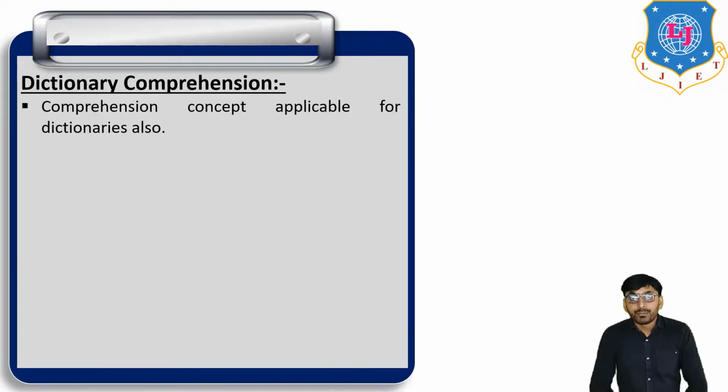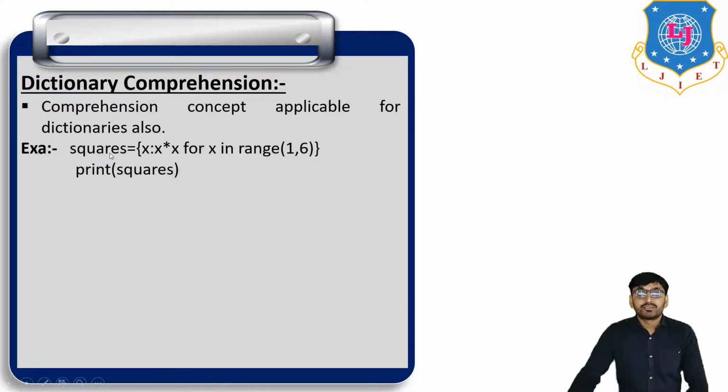So dictionary comprehension means creating a new dictionary from an iterable object based on some condition. That is dictionary comprehension. For example, squares is equal to, inside the curly braces, x colon x times x, so key x and x times x is the value, for all x in range 1 to 6. Range 1 to 6 means 1, 2, 3, 4, 5.